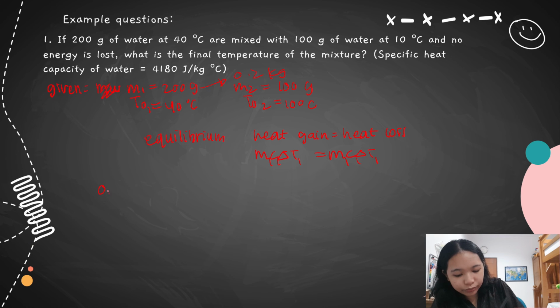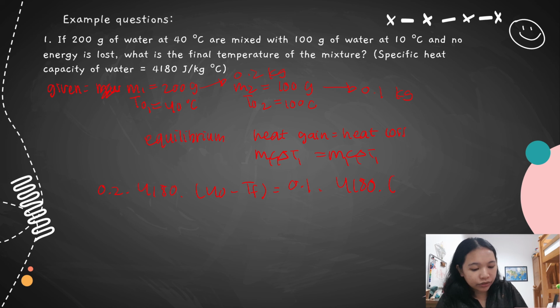Okay, so m is 0.2, C is 4180, delta T is now 40 minus the final temperature, equals the mass of the second one, which is 0.1 kilogram, 0.1 times 4180 times the delta T. Because this is the one receiving, the final temperature must be higher than the lower temperature water, because it's going to be receiving heat.